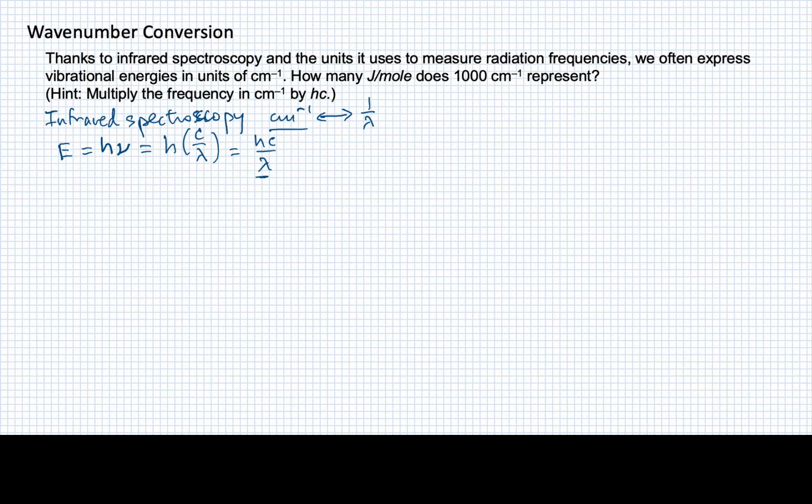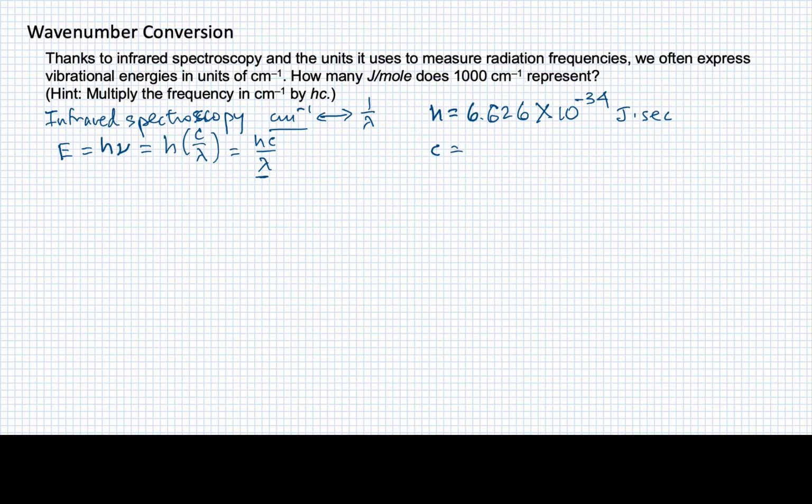So how can we actually go about converting this now to something that might be a more conventional metric system type unit of energy? Well, we'll need both Planck's constant and the speed of light. So I'll remind you that Planck's constant is 6.626 times 10 to the minus 34, and it's in units of joules times seconds.